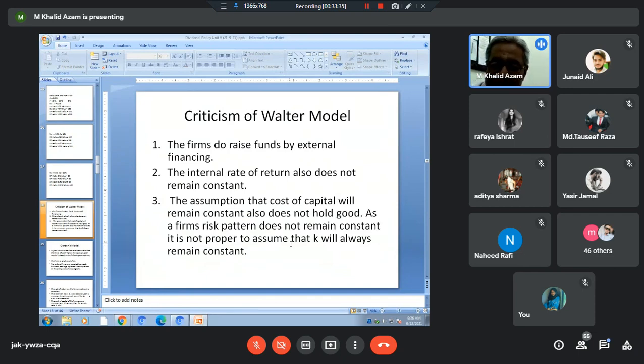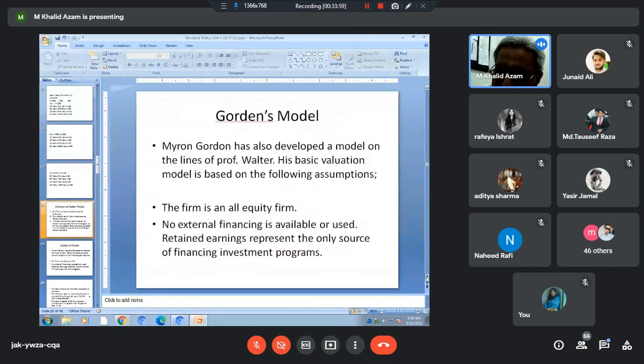So how much you have retained multiplied by R, that you have also found in the earlier formula, R multiplied by E minus D. There we have done E minus D. So here we are going to write earnings into 1 minus B, where B is the retention ratio. We have to consider that. And based on this, he has given this formula which is written here.